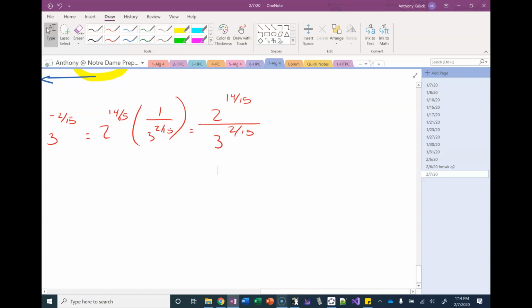The next whole number after 2/15 would be 1, right? 1 is the same thing as 15/15. So what I'm going to do is I need how many more 15ths? 13. Does everybody see why? So I'm going to do that to the top and bottom.